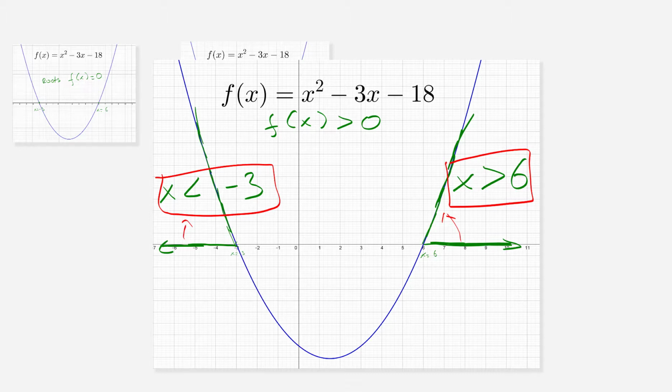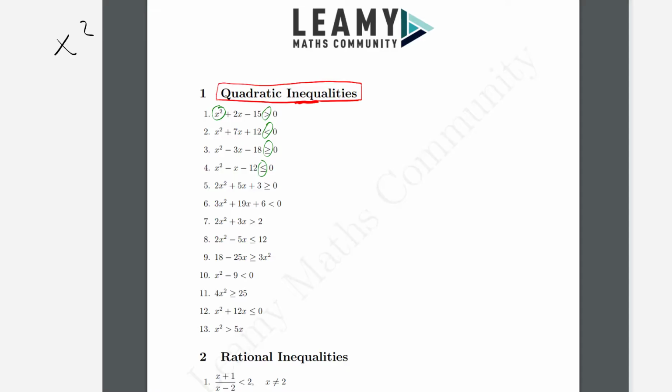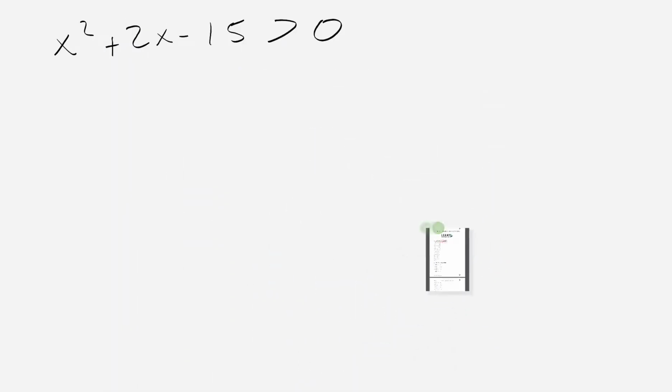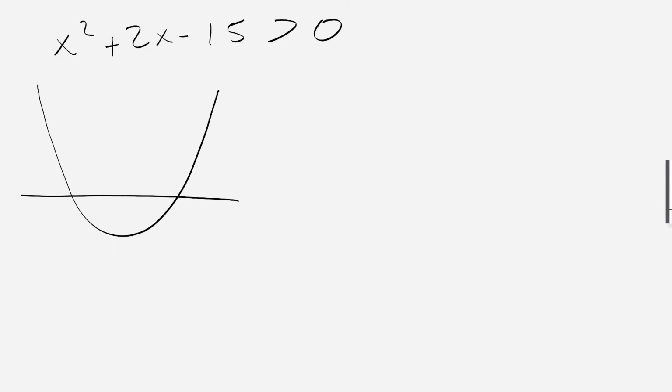Okay, let's go back to the original question now and see if we can use what we've just learned. I'm going to have a look at question 1 here for you. X squared plus 2x minus 15 is greater than 0. So what do we know so far? We know that this is a quadratic function, so we're dealing with some sort of U-shaped quadratic.